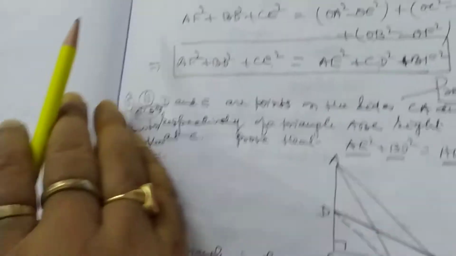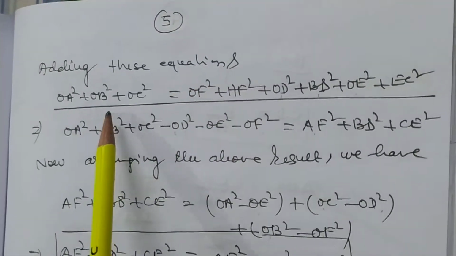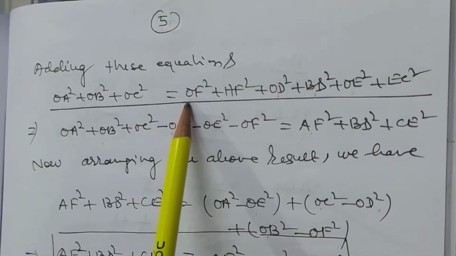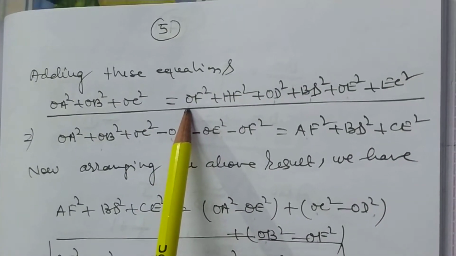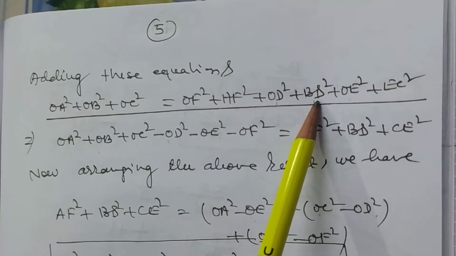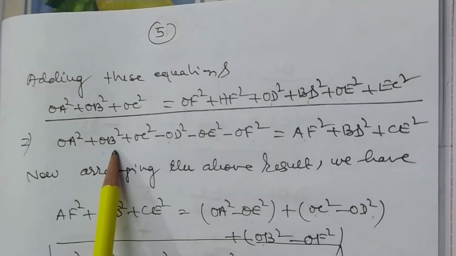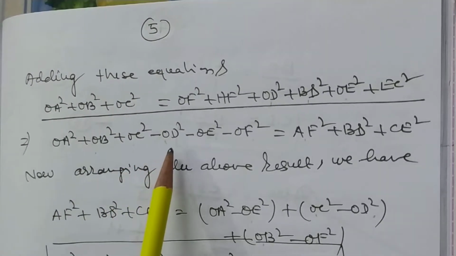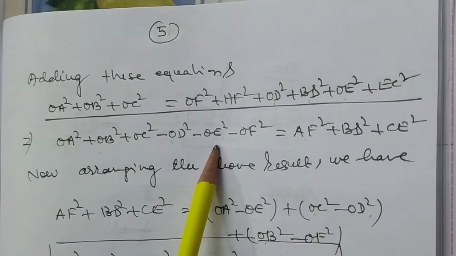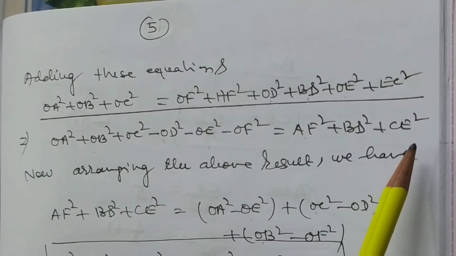Now, adding these equations, OA square plus OB square plus OC square is equal to OF square plus AF square plus OD square plus BD square plus OE square plus EC square. Now, OA square plus OB square plus OC square minus OD square minus OE square minus OF square is equal to AF square plus BD square plus CE square.